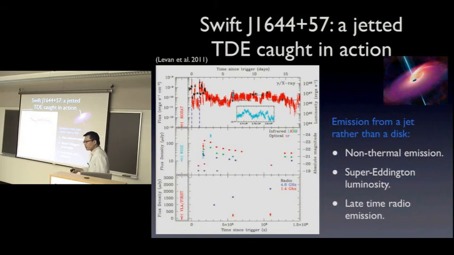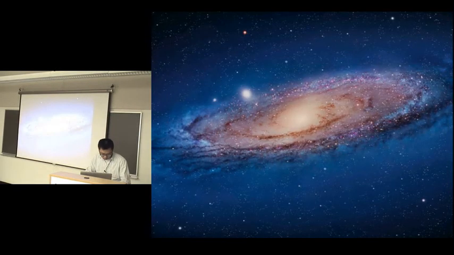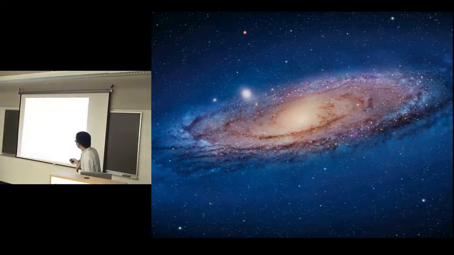I can answer Linda's question. Sorry, I have to go to the last slide. Here the dashed line is the assumed fallback rate profile.